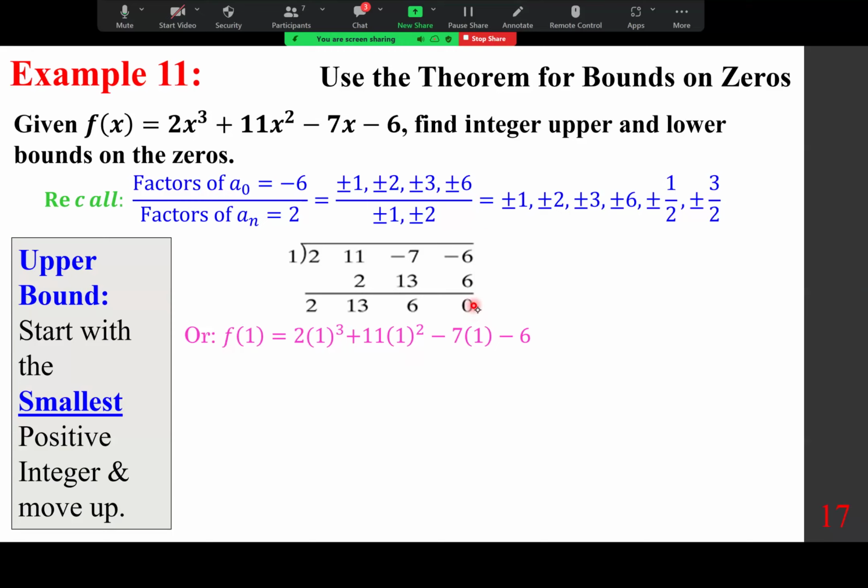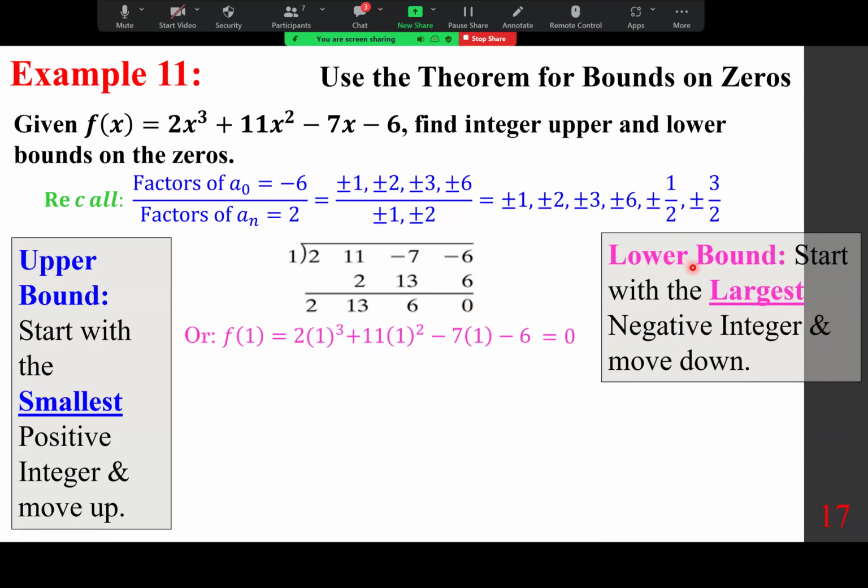That gives you 0 if you go with that process. Lower bound: start with the largest negative integer and move down. Remember that the negative integers are -1, -2, -3, and so forth; the largest one is -1, everybody.